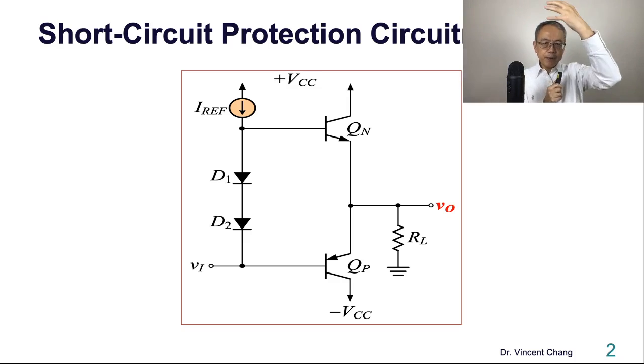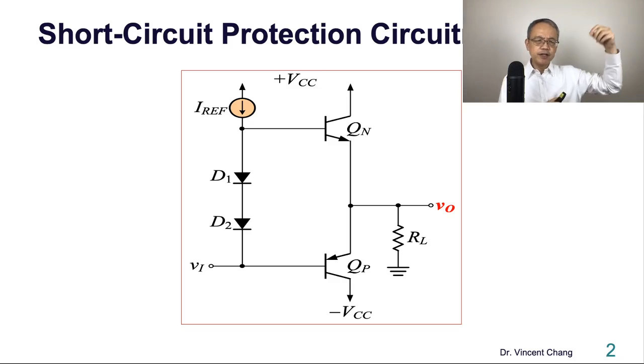Because of the big current, you can expect the big current is going to flow through its own body, right? So it's dangerous. What if the current is too big? Or what if there's a short circuit event in the external load? In this situation, you have to know how to protect yourself.